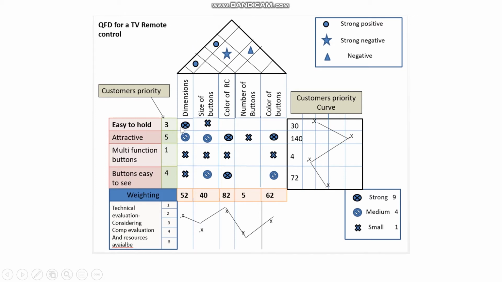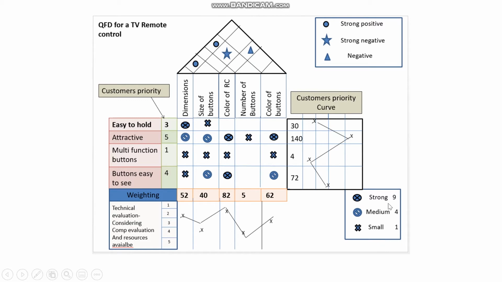And now here we have to build. How can we build? Before we build, we have to give some strong, medium and small values. Sir, how can we give the strong, medium and small value? You can give according to your requirement.